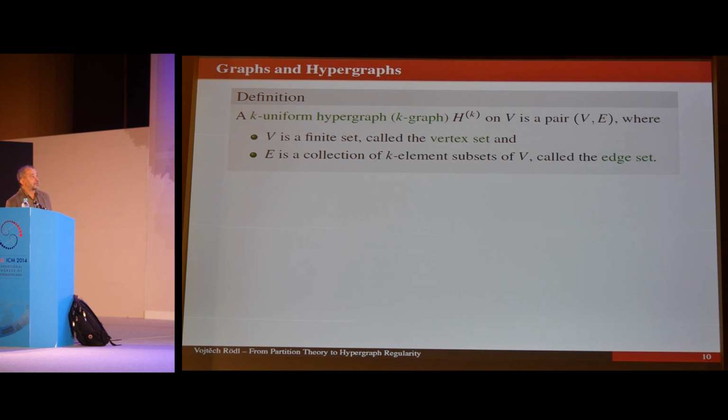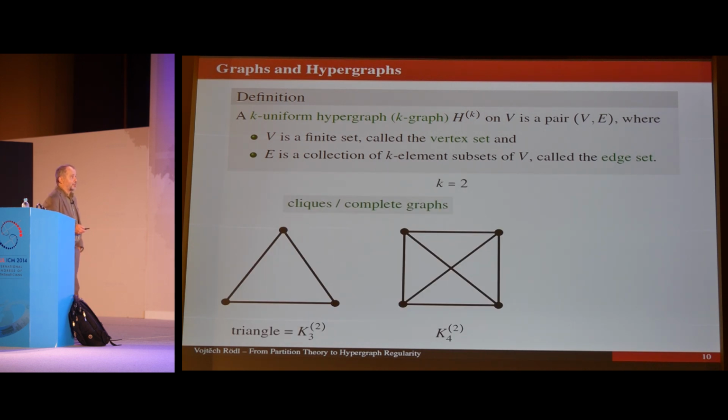It consists of a set of vertices and a set of k-element subsets of the vertex set, which is called the edge set. So the number k will be the uniformity of the hypergraph. All sets have the same cardinality k, therefore it's uniform.